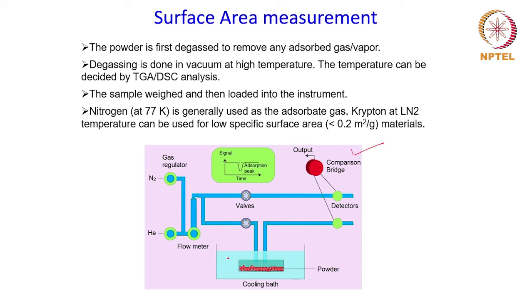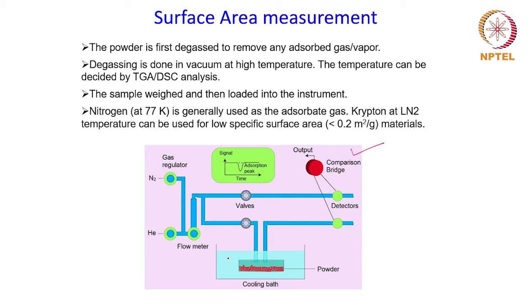So as I said before, a clean powder surface has to be presented for this adsorption to happen, and therefore the first thing done in this technique is to clean the powder. In order to do that, it has to be degassed to remove any adsorbed gas or vapor which may be physically or chemically adsorbed on the surface of the powder, right?